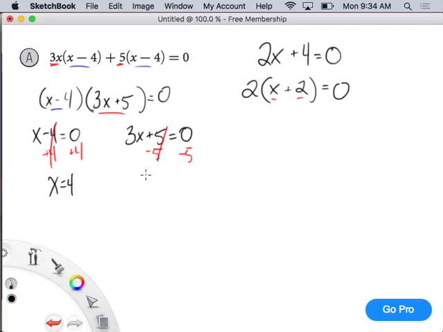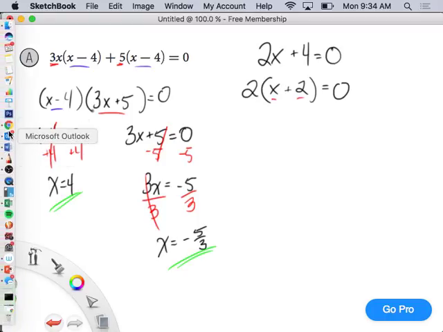So we subtract 5 from both sides, we get 3x equals negative 5, and then divide by 3. And we get x equals negative 5/3. And those are our two solutions. x equals 4 and x equals negative 5/3. Does that make sense? Yeah?